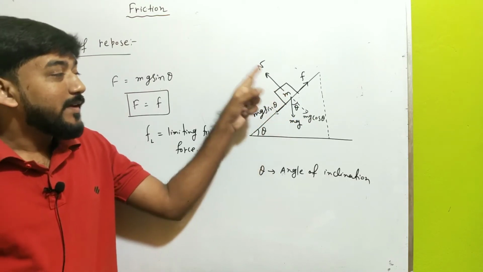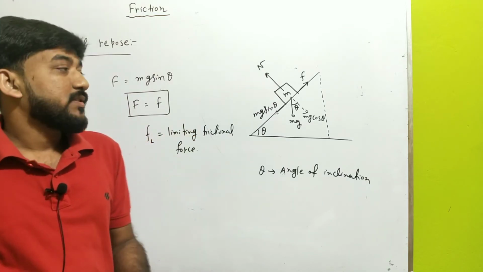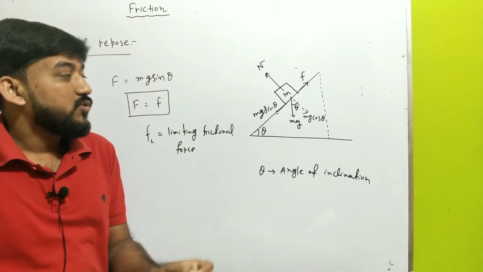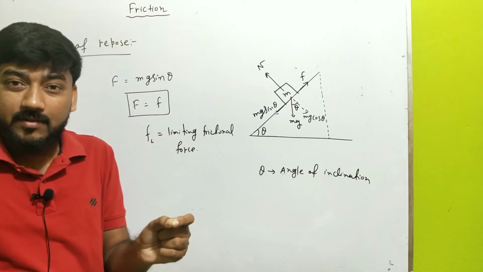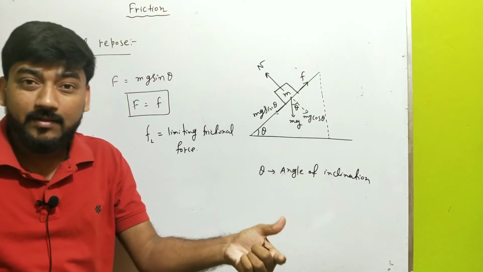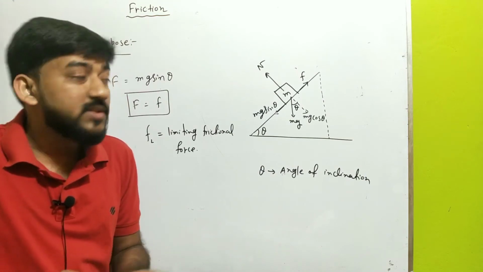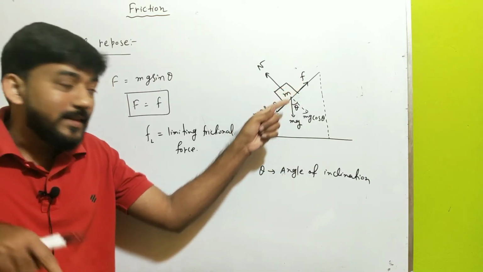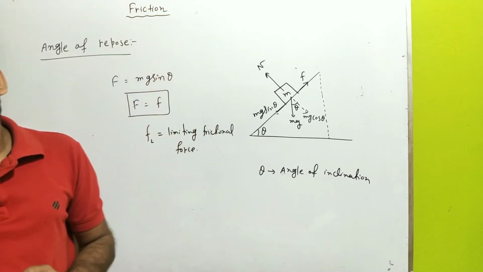So at the extreme situation, when the object is just about to slip, that is when F will be FL, the frictional force will possess the maximum value, and at that time the angle of inclination is called the angle of repose.